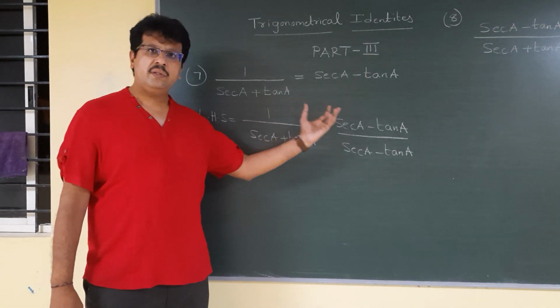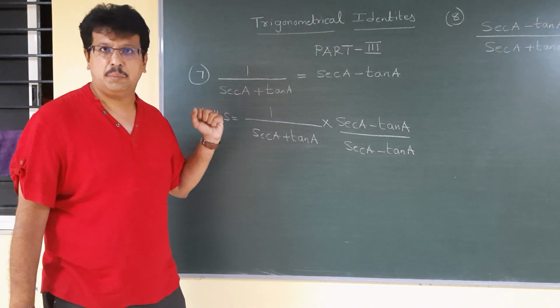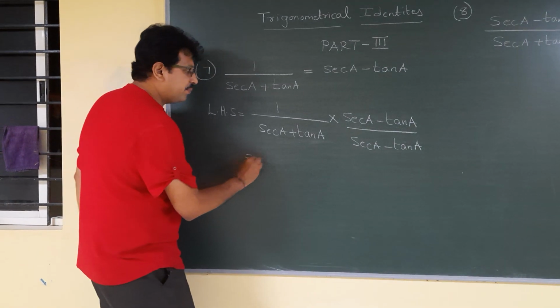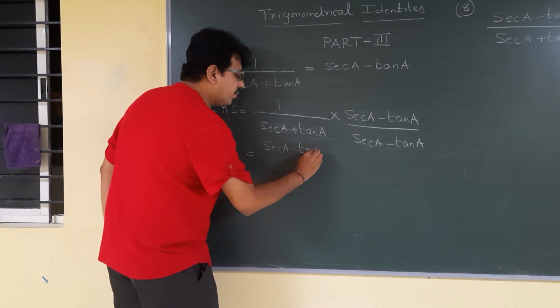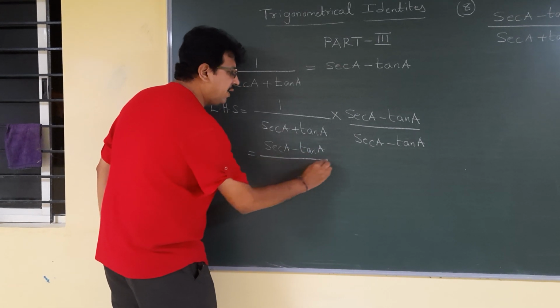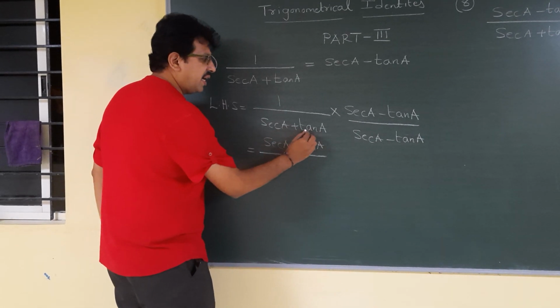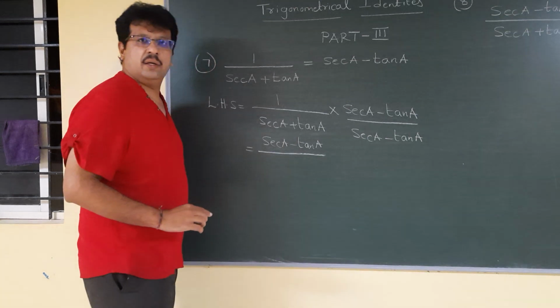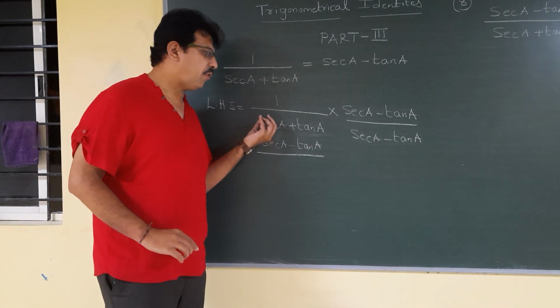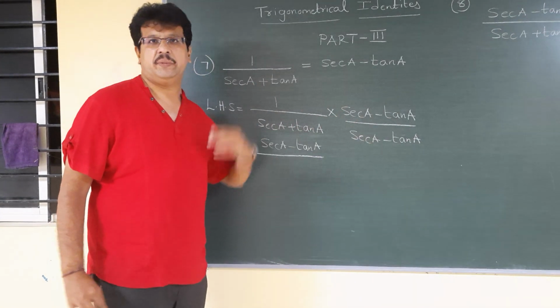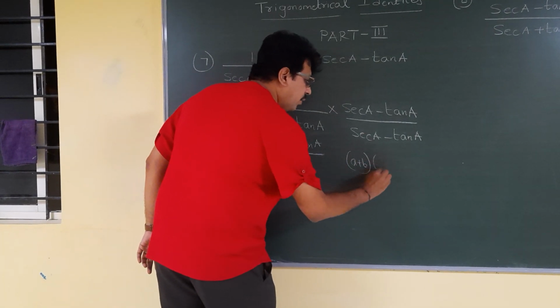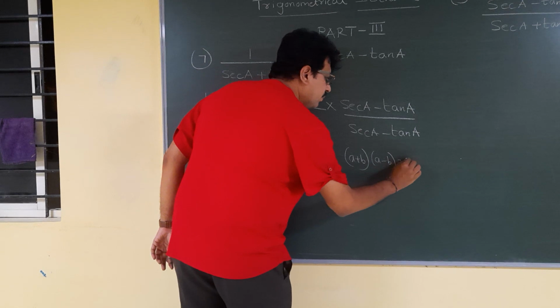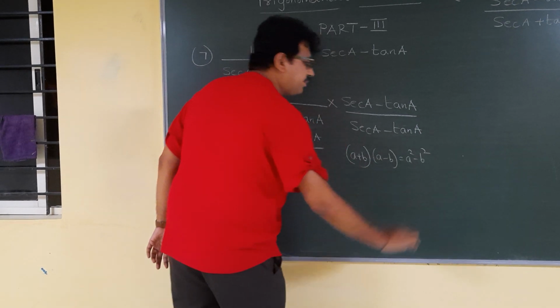That's called rationalizing the denominator. So after this, we need to start simplifying the problem. That is secant a minus tan a divided by secant a plus tan a into secant a minus tan a. Children, you should understand this is the formula a plus b into a minus b, which is a square minus b square.